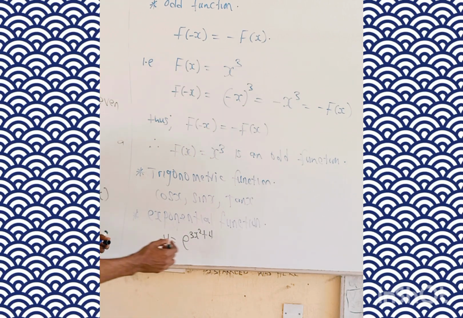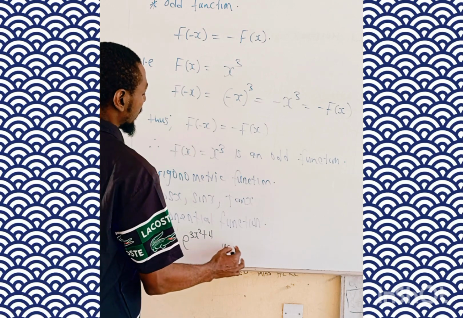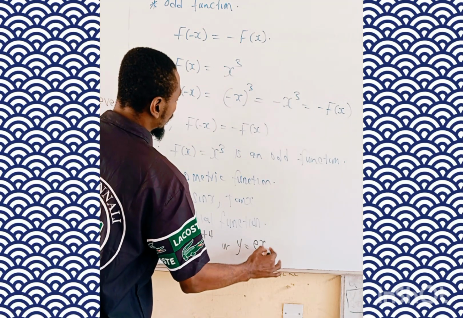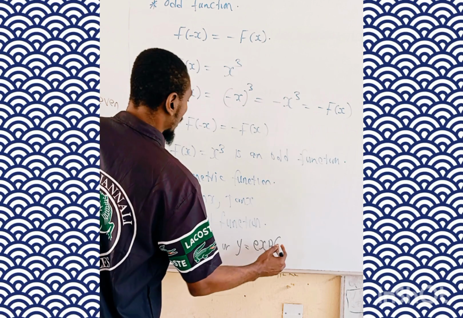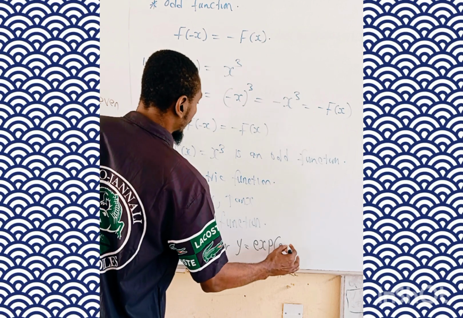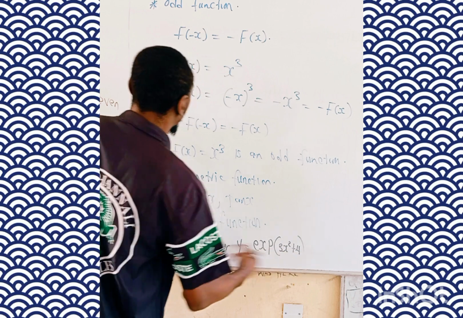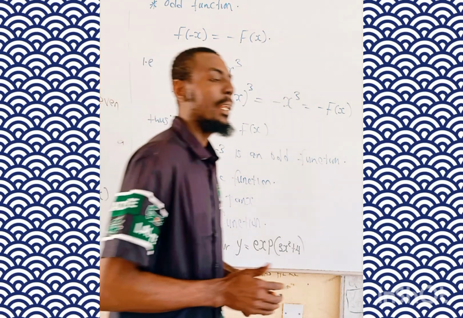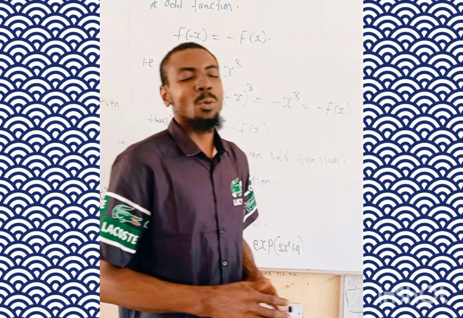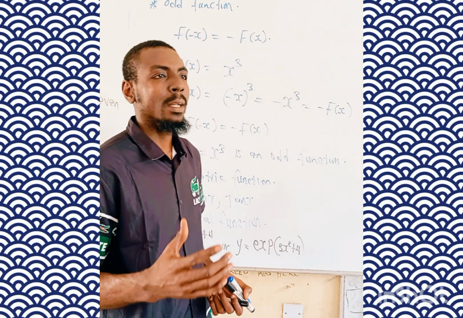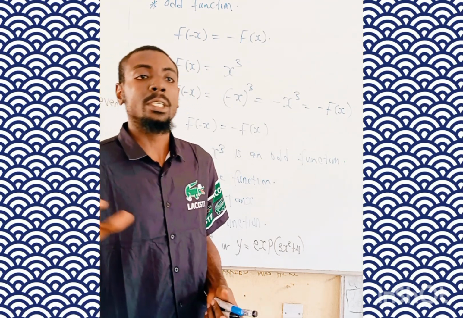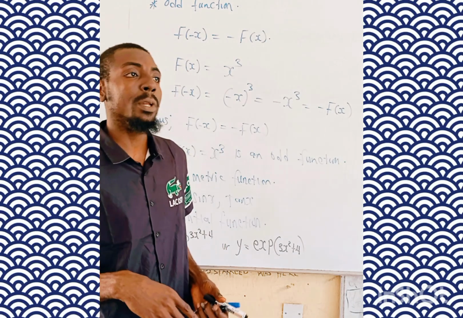That's an exponential function, or you can write it this way. y is equal to exponential 3x squared plus 4. And many other functions that contain this e are taken to be an exponential function. Just like when you see them, you recognize them. Then when we're going to get into differentiation, we're going to differentiate different functions in combination.